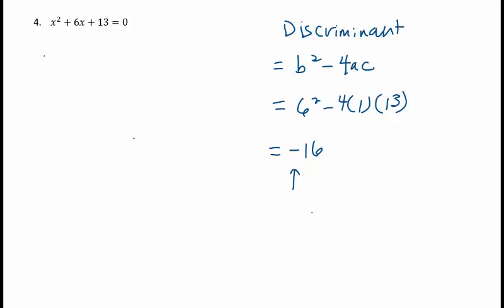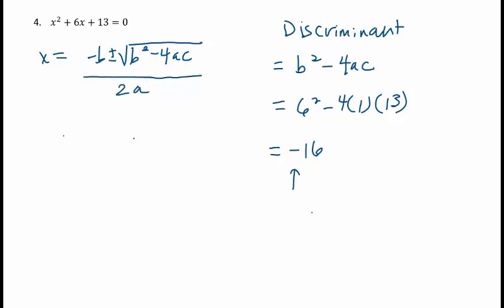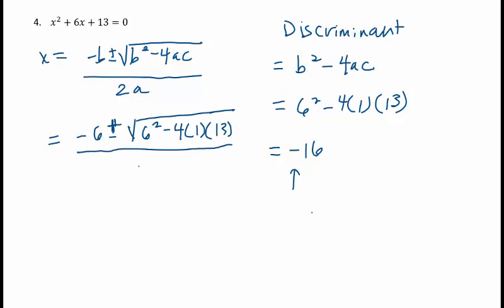We have x equals negative b plus or minus the square root of b squared minus 4ac, divided by 2a. So that gives us negative 6 plus or minus the square root of 6 squared minus 4 times 1 times 13, all divided by 2 times a, which is 1.